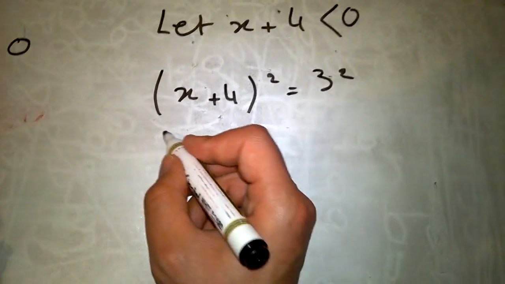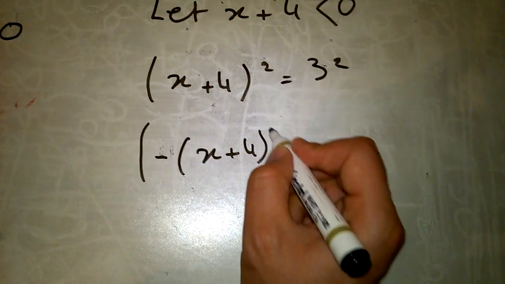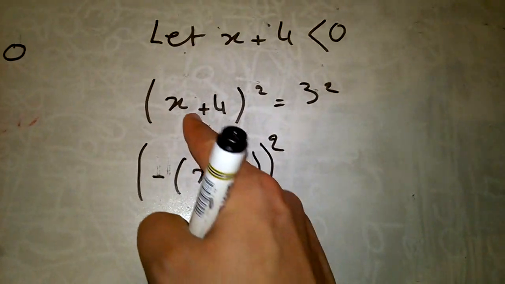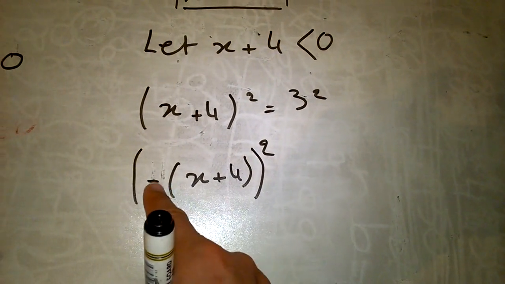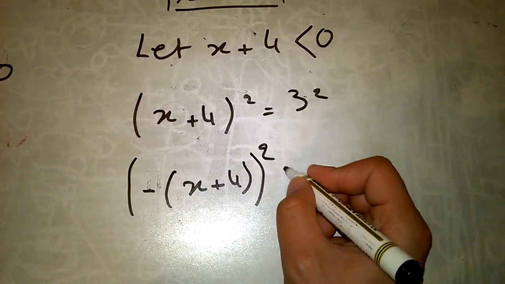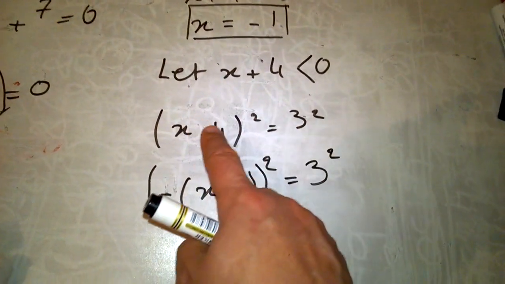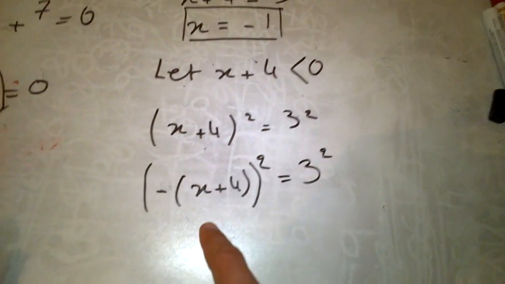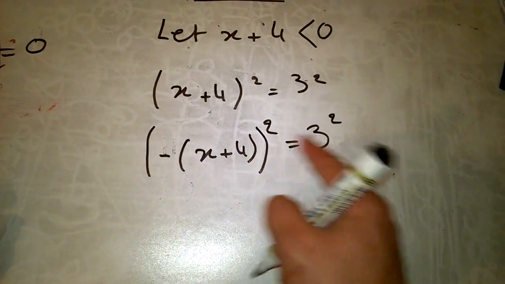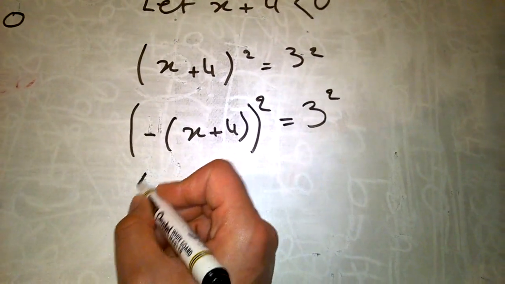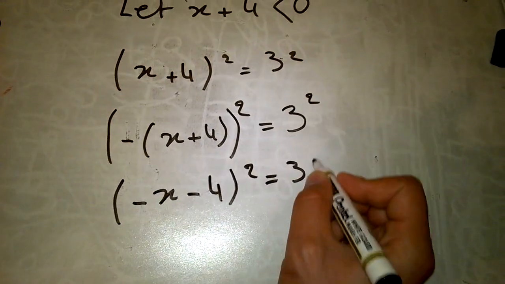If we do minus inside, x plus 4 square, we didn't change anything because minus square is plus. We have to do this step if x plus 4 is negative, so that the inside will be positive before we take the square out. That means minus x minus 4 all square is equal to 3 square.